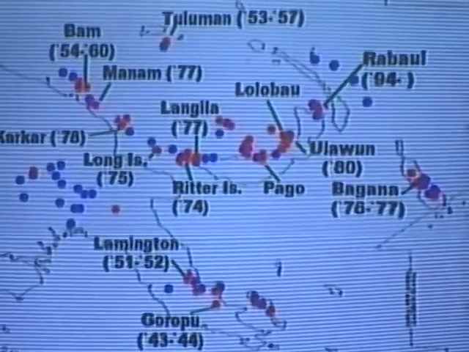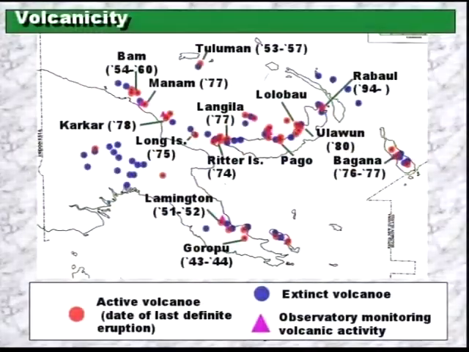That's one zone. The second zone in Papua New Guinea is an arc beginning in the Solomon Islands, parallel with the Solomon Trench, which extends 600 kilometers northwest to include the islands of the eastern coast of New Ireland. Tuluman in the Admiralty Islands may be the most westerly member of this particular chain, and that's the second group we are looking at.